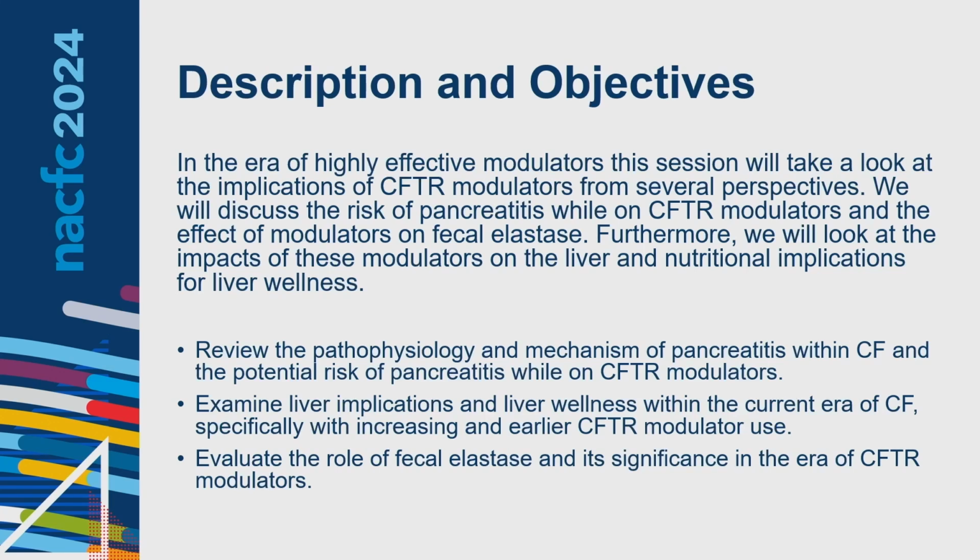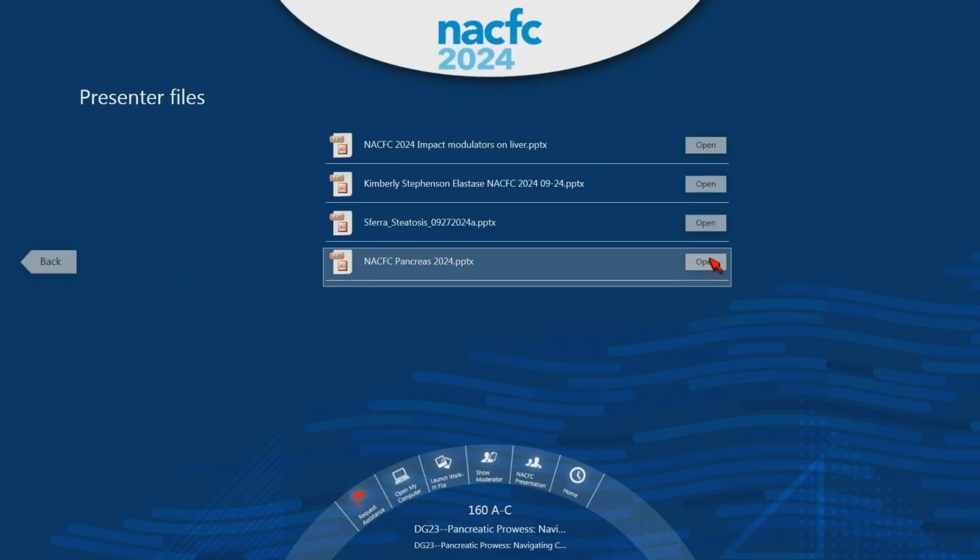We will review the pathophysiology and mechanisms of pancreatitis within CF and the potential risk of pancreatitis while on CFTR modulators. We're going to examine liver implications and liver wellness within the current era of CF, especially with increasing and earlier CFTR modulator use. And we will evaluate the role of fecal elastase and its significance in the era of CFTR modulators.